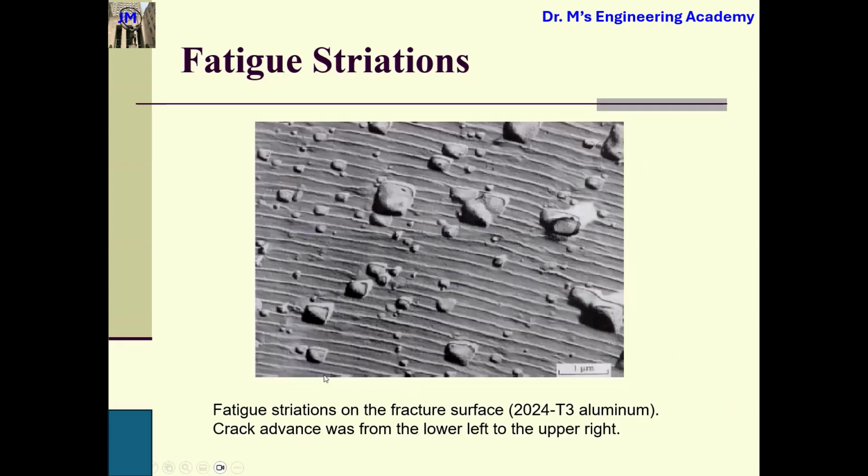So this one you can see, this line and this line, this is the crack advancement for one cycle. You understand that? Whenever you see this kind of striations, that means the surface broke because of fatigue. Each of these spaces is the crack advancement for one cycle.